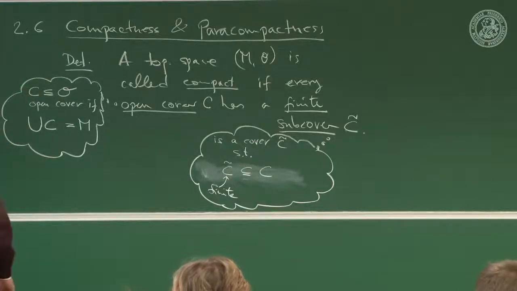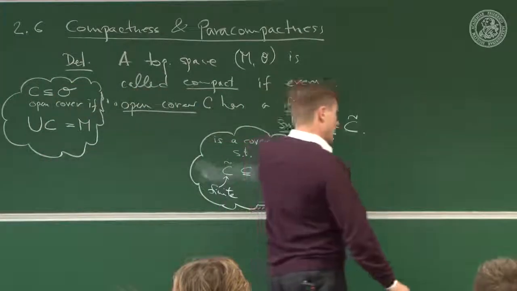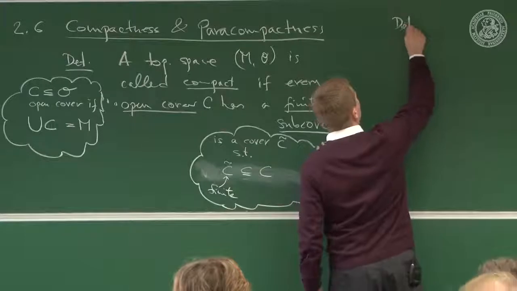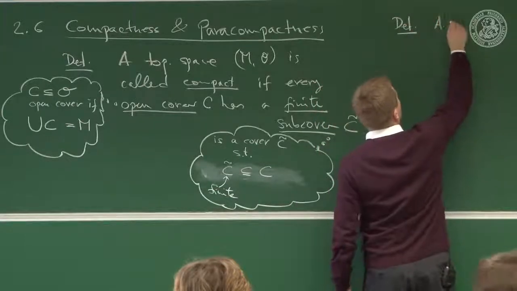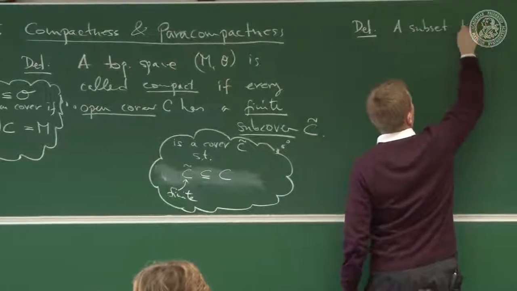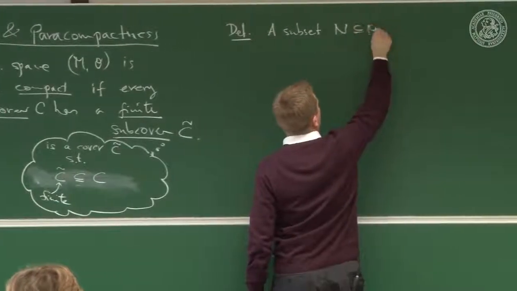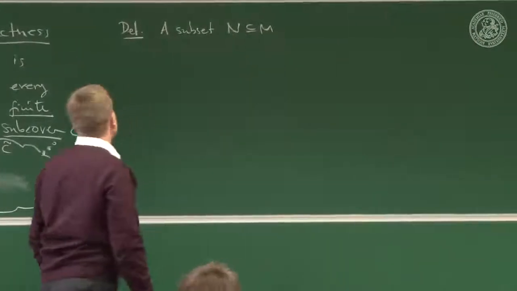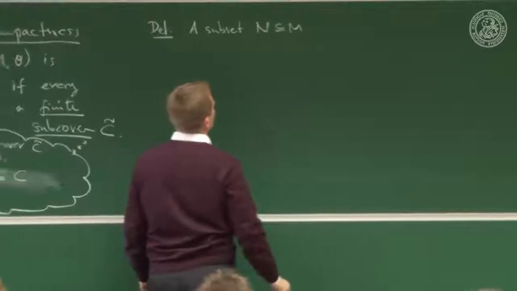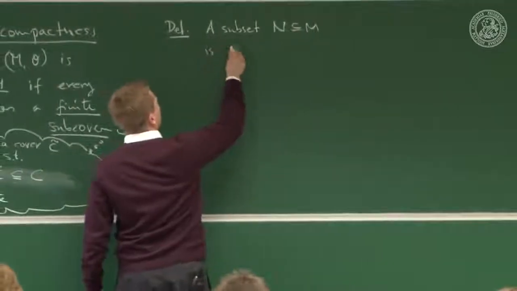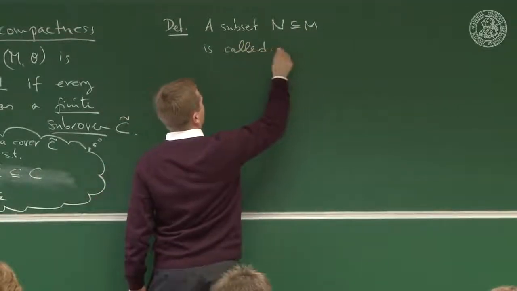That's a compact space. And very often one wishes to look at a subset. Definition: a subset N in M of a topological space M, so we still have the topology on M, is called compact.